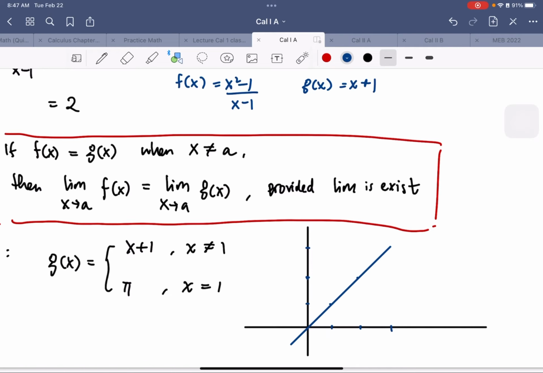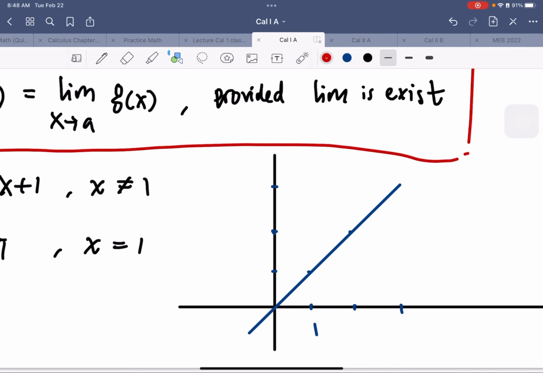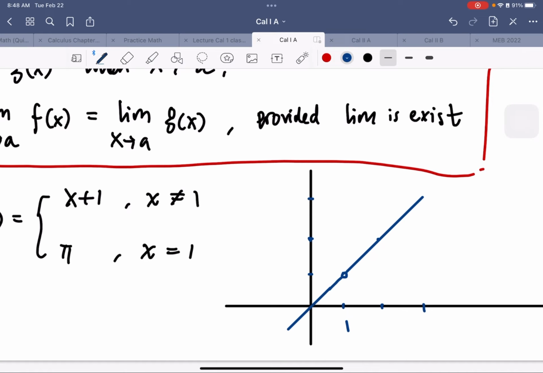So as x equals 1 here, we will have some hole. Maybe I will draw the hole like that. And then at x equal 1, the value is pi.